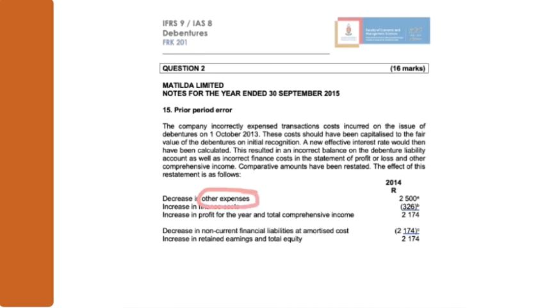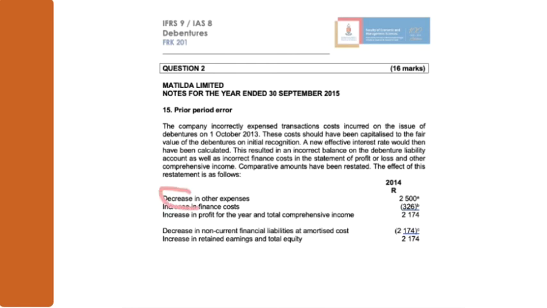Yes, it was transaction cost that should not have gone through profit or loss. But the line item where those transaction costs would have been included when we did the 2014 financial statements would have been the line item other expenses. So which line item is changed? It is other expenses.